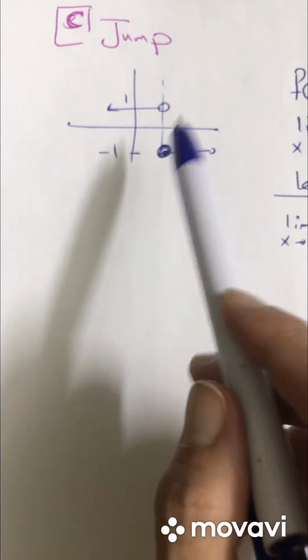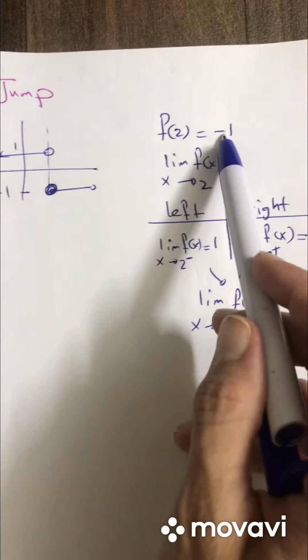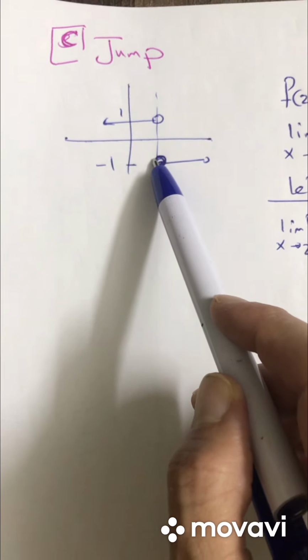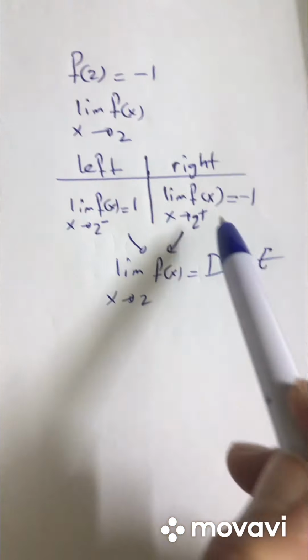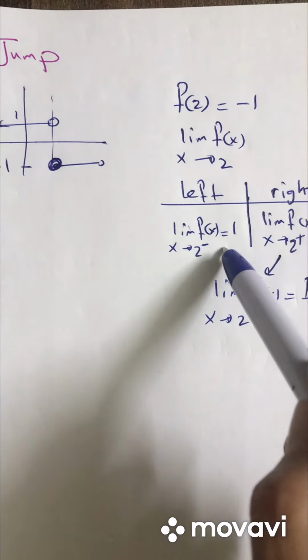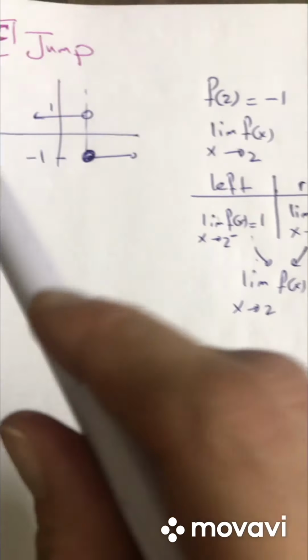Now, f of 2, what is it? It's negative 1. Perfect. Now what about the limit? Let me study. The limit from the right is negative 1. Then what about from the left? It's 1. Is it equal? Of course not. Does not exist. So what did you understand over here?